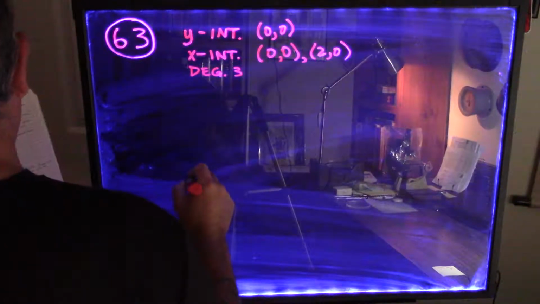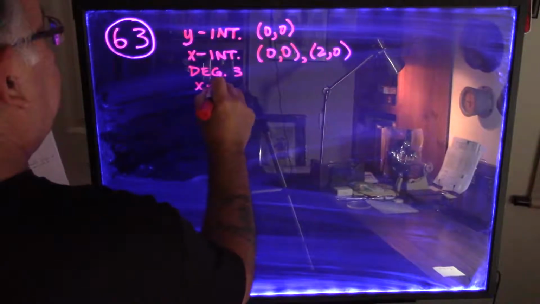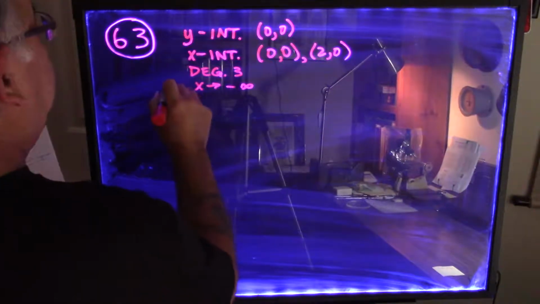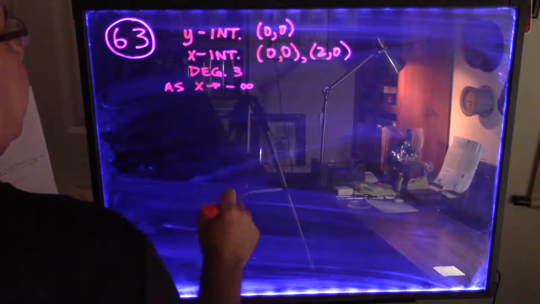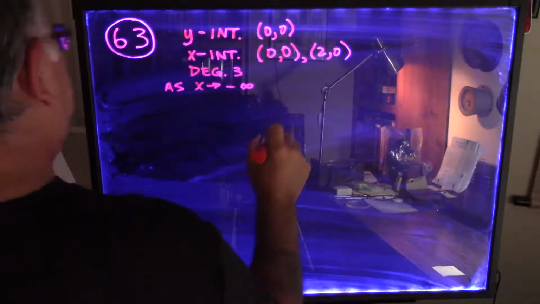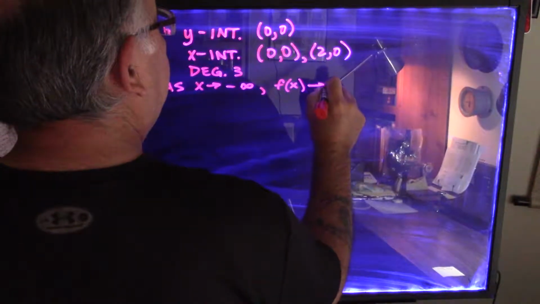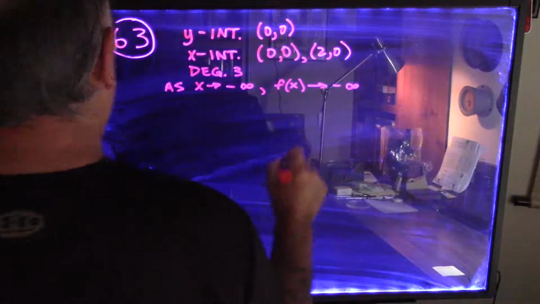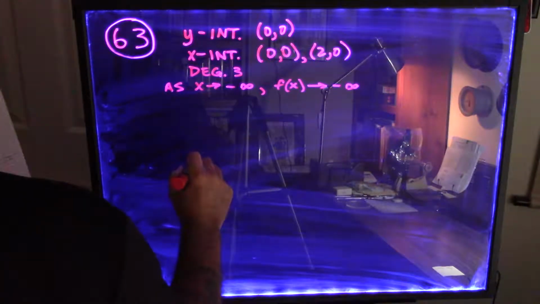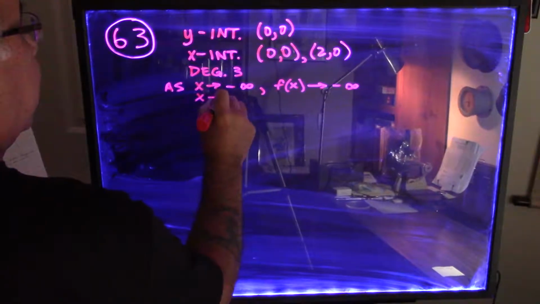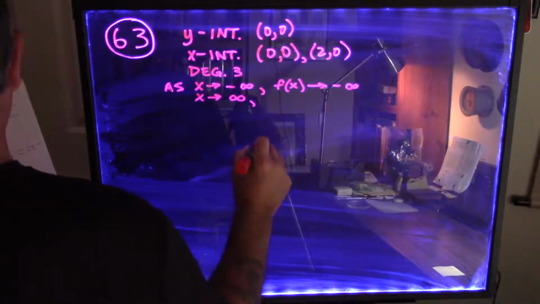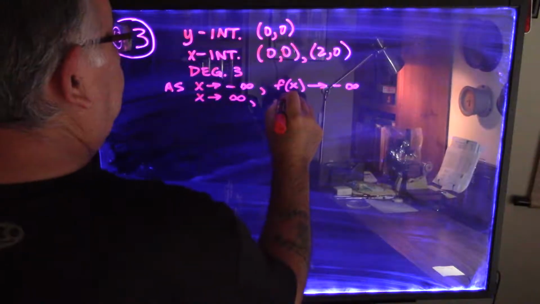And the end behavior: as x goes to -infinity, f of x goes to -infinity, and as x goes to infinity, we have f of x going to infinity.